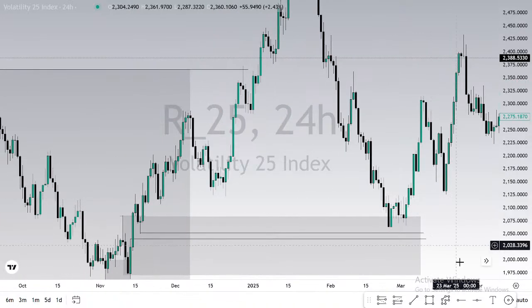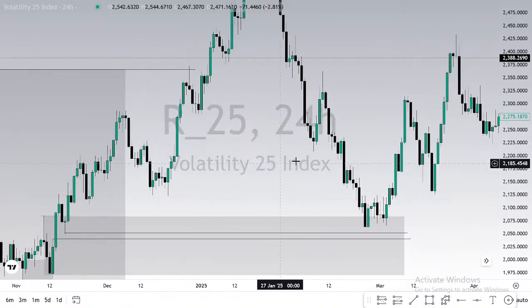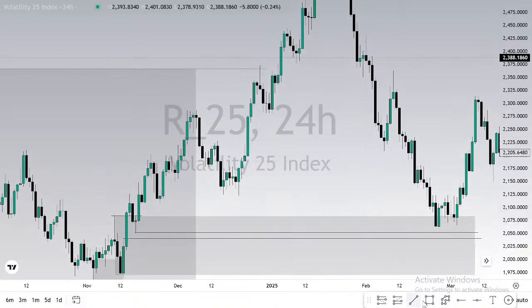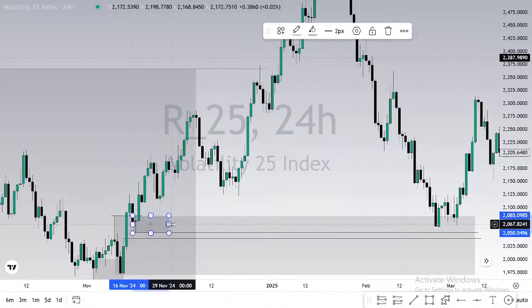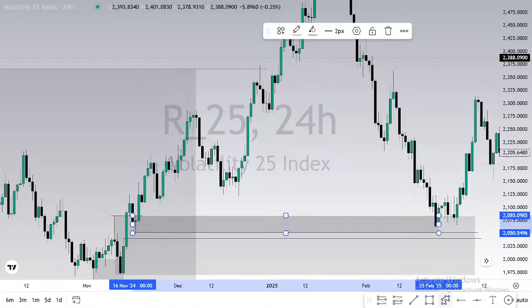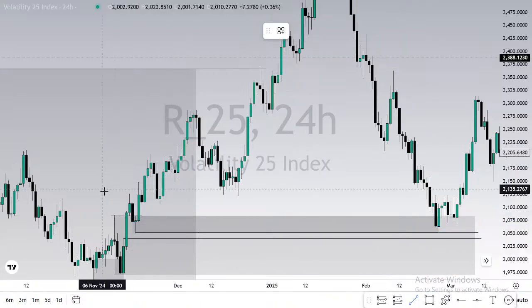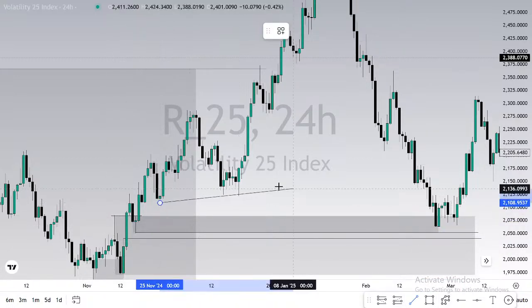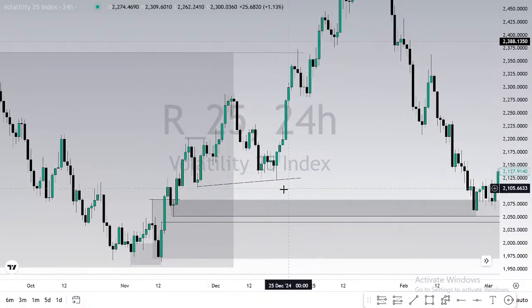So let's see where market is currently reacting to. Is it a very valid point of interest? It's a really valid point of interest. Reason, we have this trend line liquidity above it, which we were expecting the market would come back and take.